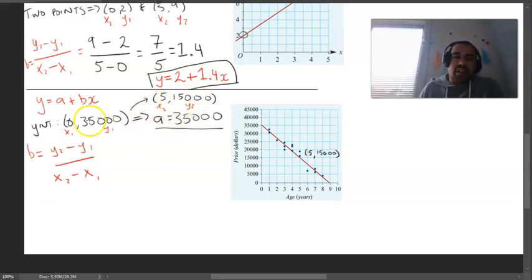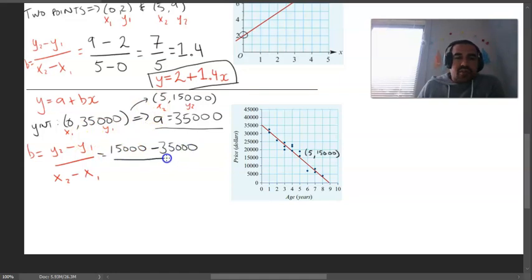Now again, it doesn't matter if you label this one x2 y2 and this one x1 y1 because you will get the same slope. It's just the negatives will appear on a different part of the fraction. But you don't want to label x1, x2, and y1, y2. That is incorrect. So our y2 is 15000, and we're going to subtract our y1, which is 35000.